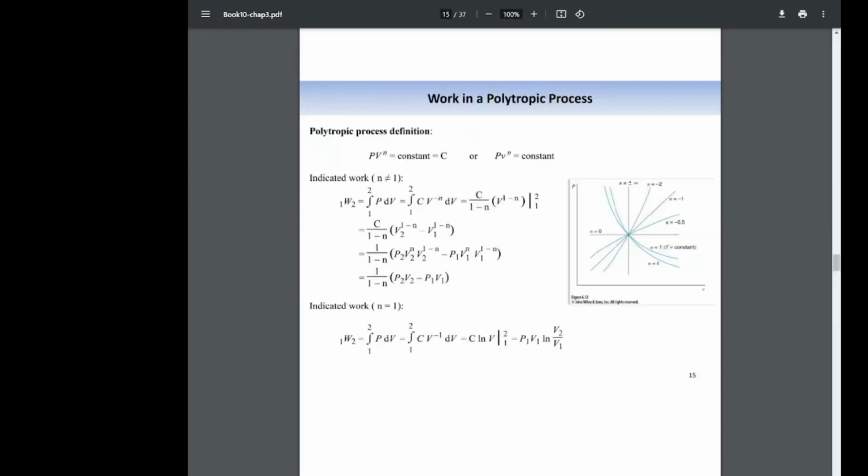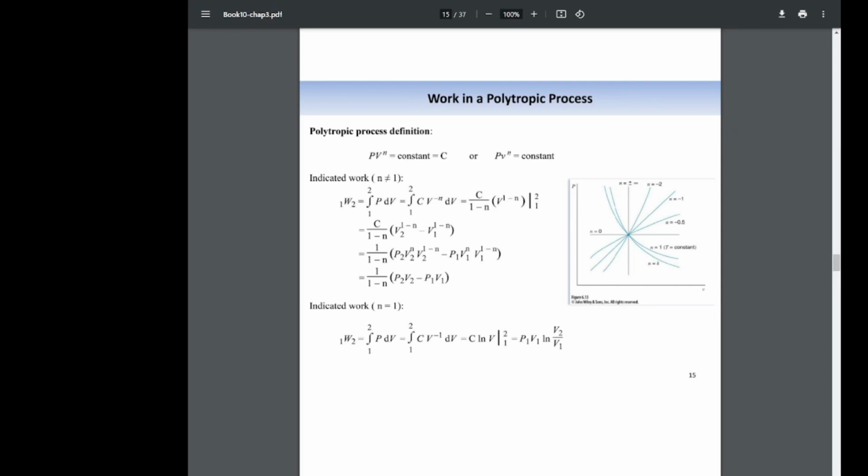Now we'll take a look at work in a polytropic process. The polytropic process definition essentially says pressure times volume raised to the power n will remain constant throughout the process.